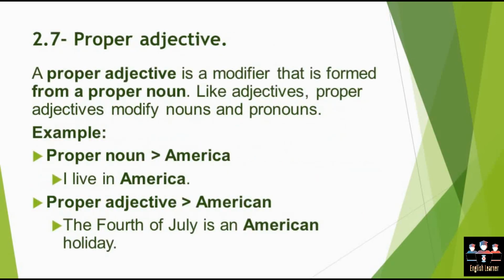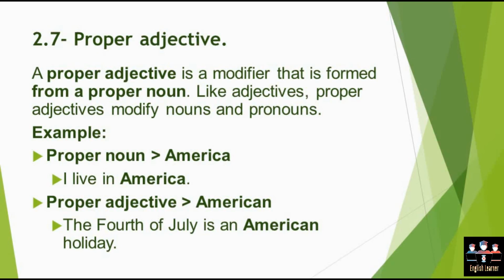Number 7 type of adjective is proper adjective. As the name indicates, it is going to give us the proper formation or the proper modification of a noun with respect to adjective qualities. A proper adjective is a modifier that is formed from a proper noun.